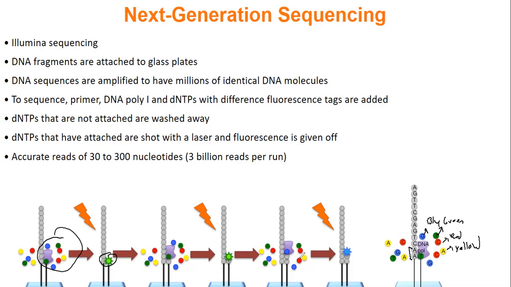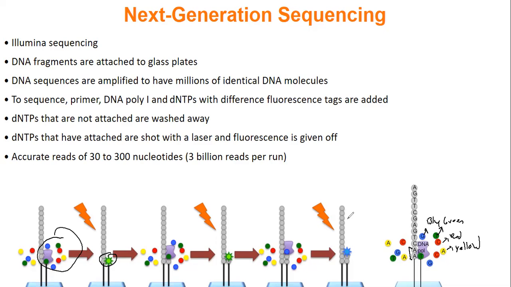Now a G sticks and you hit it with light and get blue out. So similar to pyrosequencing, but some key differences being that you add all 4 nucleotides at the same time, and only 1 nucleotide will ever hydrogen bond to your template.